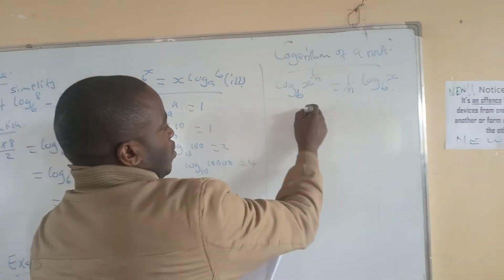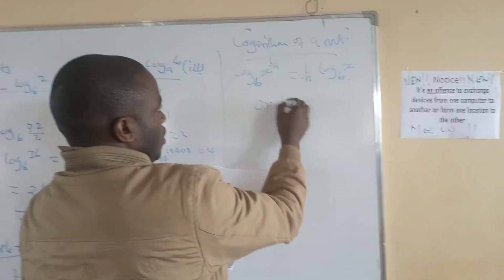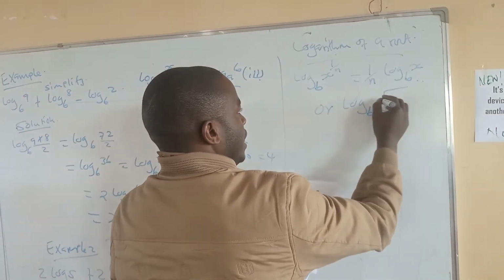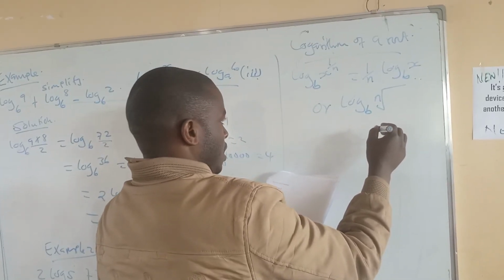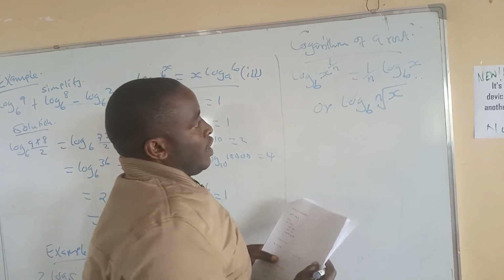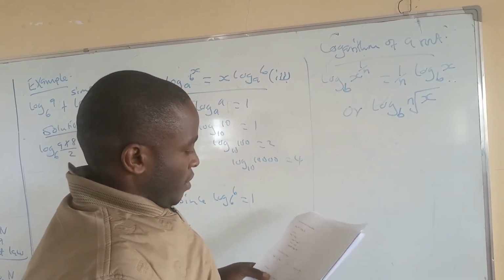Or in simple terms, it will be the same as log base b of the nth root of x, that is the same thing.